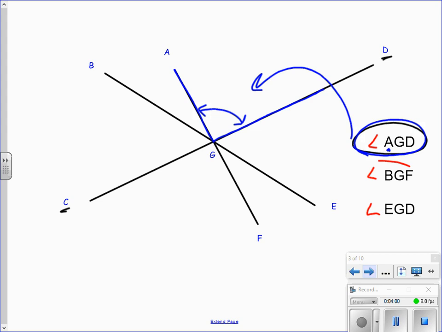Angle BGF, again, you would start at B, which is up here, go to G, which is in the middle, and then to F, which is down here. So this angle BGF would represent from here all the way around to there. Again, that's angle BGF.